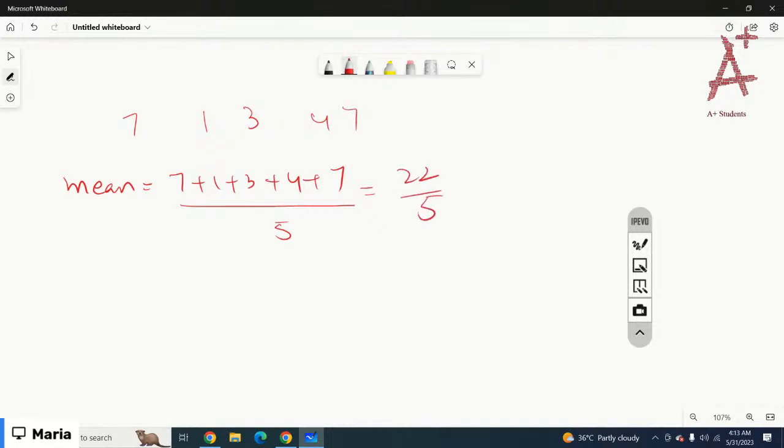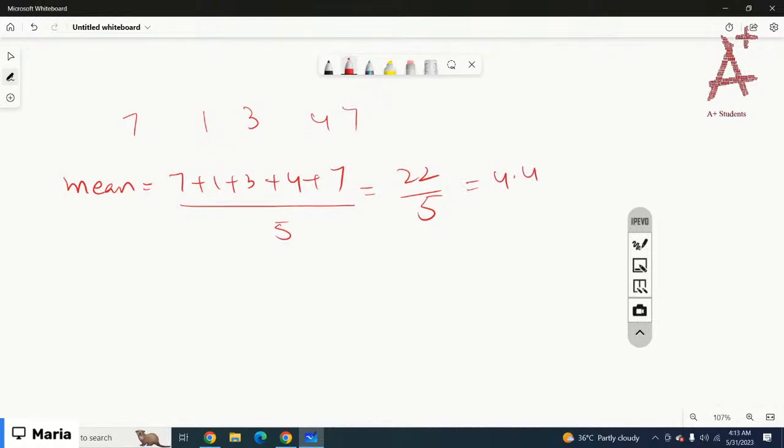That would be 22 over 5. Got it? 22 over 5 is 4.4. So the mean of the data is 4.4. That would be step 1.